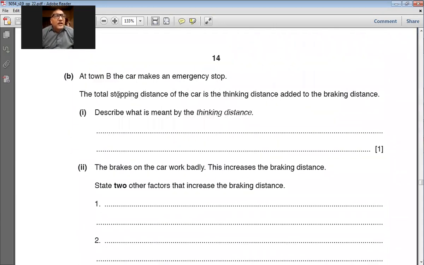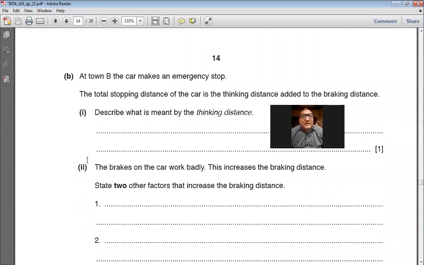Next question coming up on your screen, question number 9, B part. He says, at town B, the car makes an emergency stop. The total stopping distance of the car is thinking distance added to the braking distance. Describe what is meant by the thinking distance.